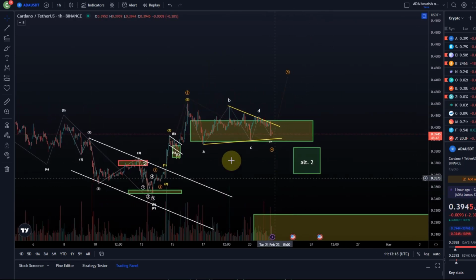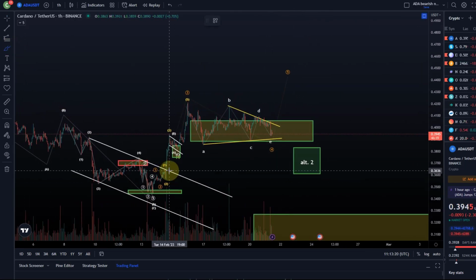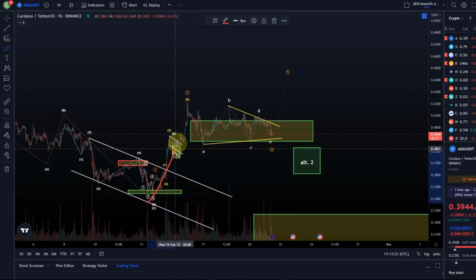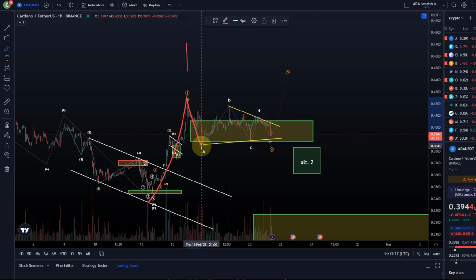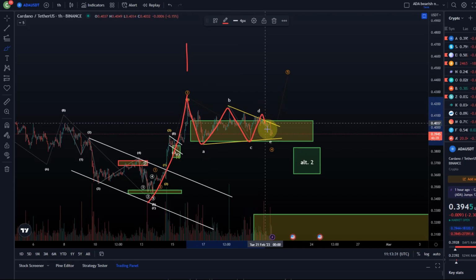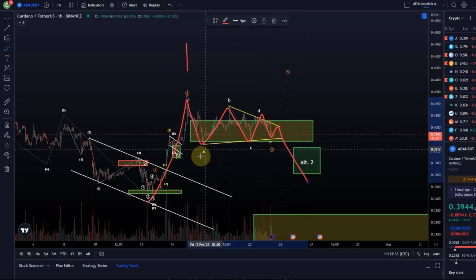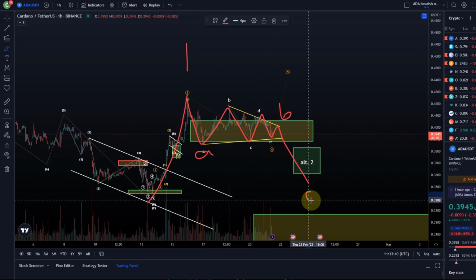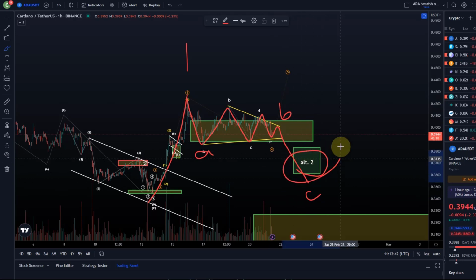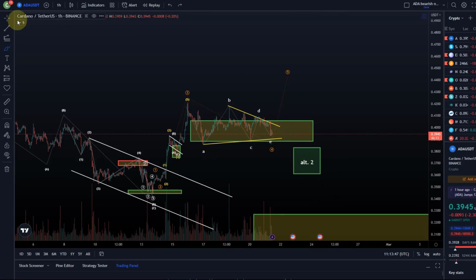And the alternative wave structure would be, as already highlighted in the last video, a wave 1 to the upside here, then an A wave down, probably here a B wave triangle in an A, B, C, D, and maybe then another leg to the upside, and then to come down, A, B, and then C. And we could actually land in this support area here, which is then based on Fibonacci levels relevant for a wave 2.